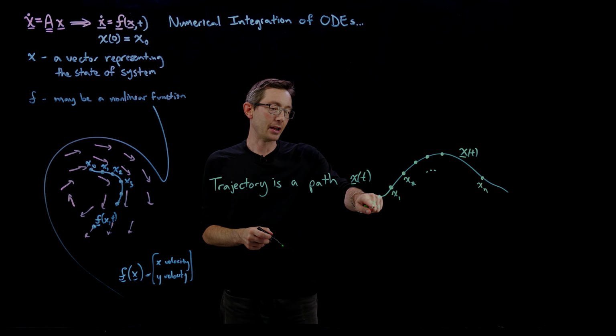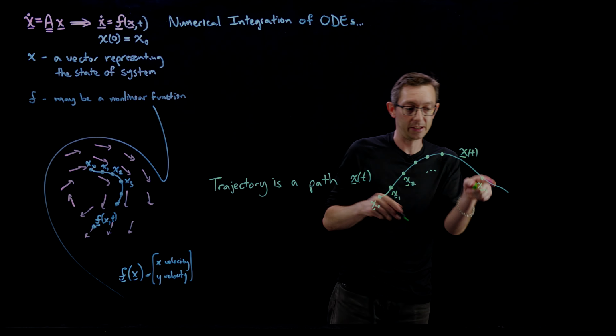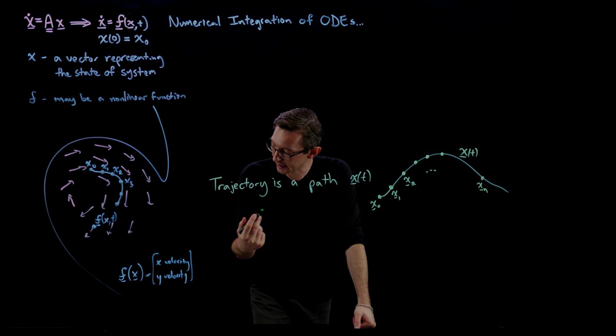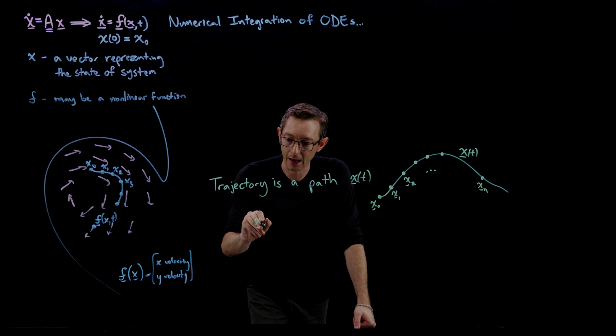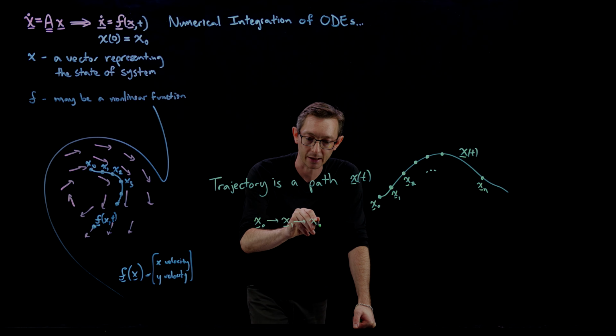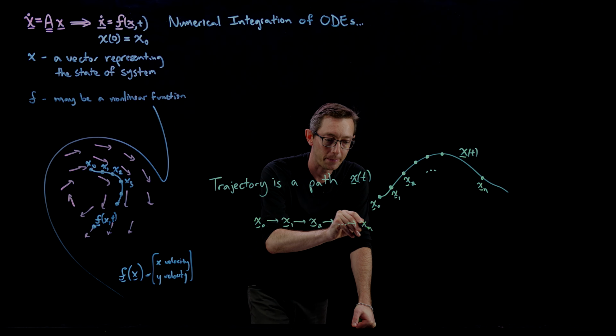And sometimes if I drop my underbar here, these are still vectors of states, so please don't be confused if I forget an underbar. And so what I mean by a trajectory is typically, I have some x naught, and that's going to be going to some x1, and that's going to be going to some x2, all the way to some x n.